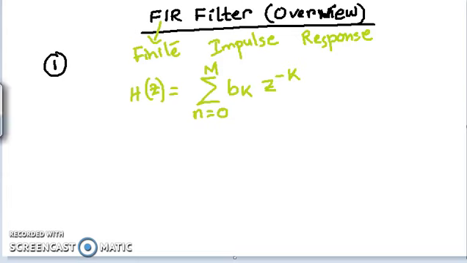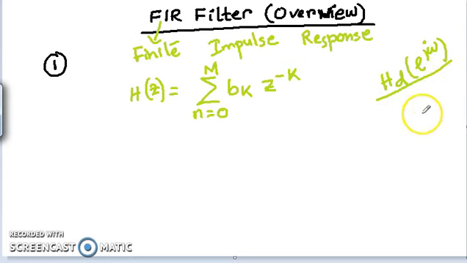Suppose I have to design a low pass filter. I am having a particular desired frequency response Hd(e^jω). This is my desired frequency response.